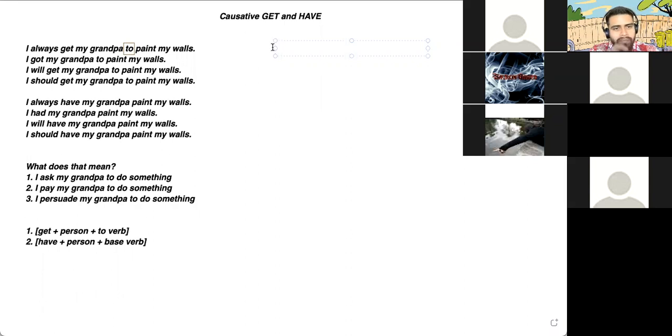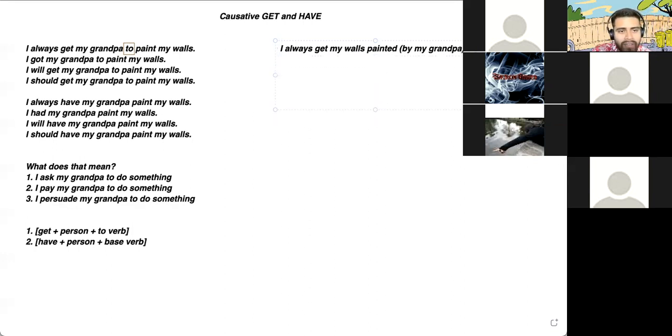I always get my grandpa to paint my walls. I always get my walls painted by my grandpa. And I'm going to put by my grandpa in parentheses. Okay, and check this out.